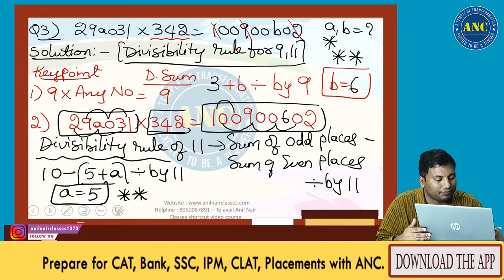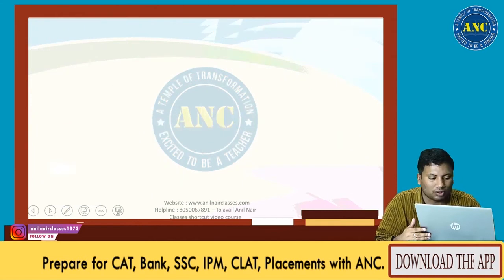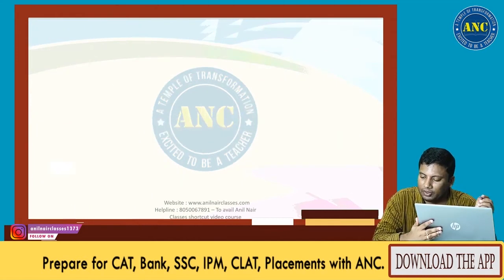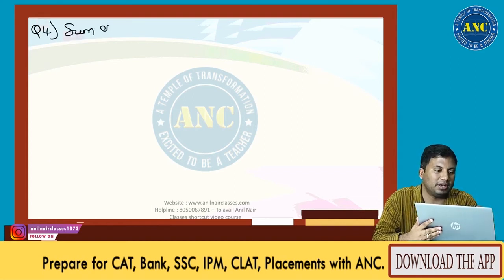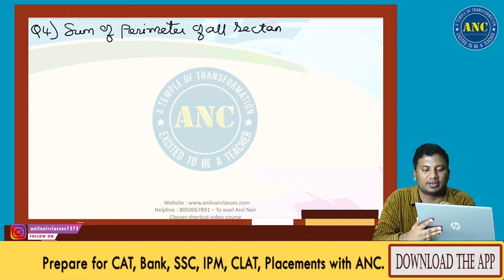Another very good question which we will take. Question number 4. Find the sum of the perimeter of all rectangles with integral sides.